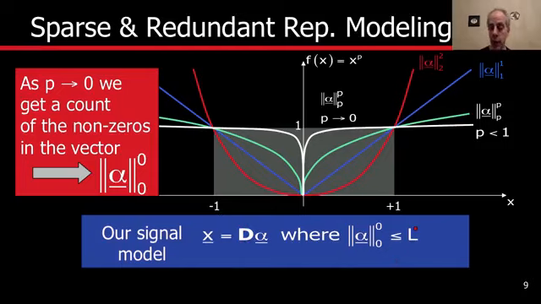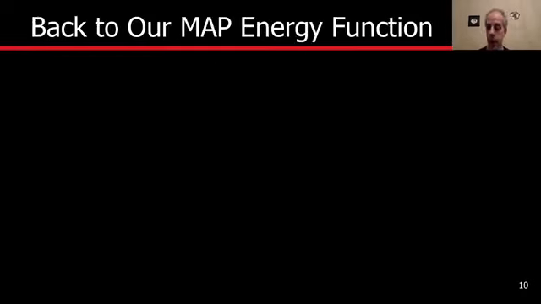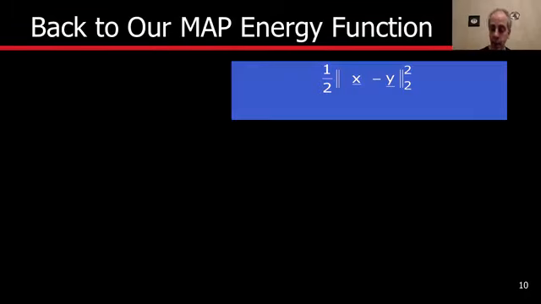So back to our problem of image denoising, the maximum a posteriori estimation of image denoising, what we have is that we want to represent our signal very closely. This is the measurement and this is what we want to pick. We want to have a close representation, meaning very close.